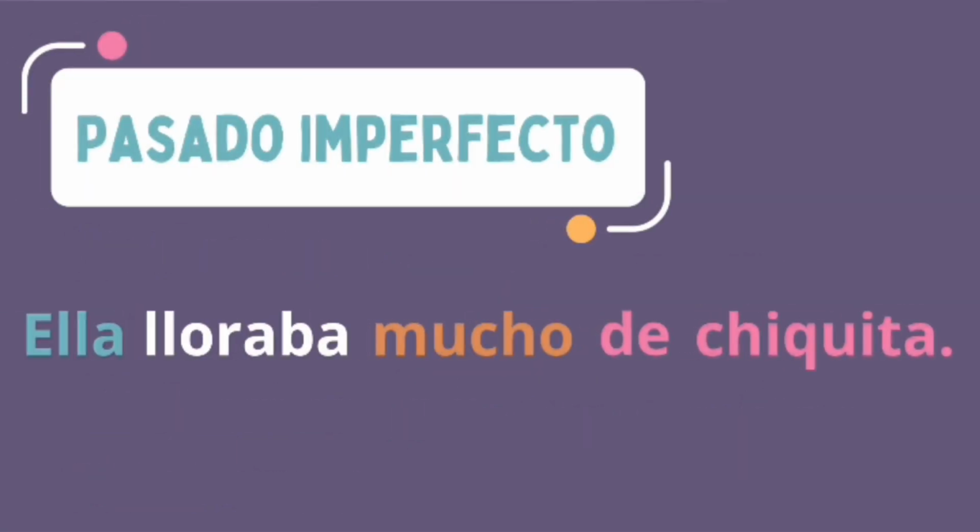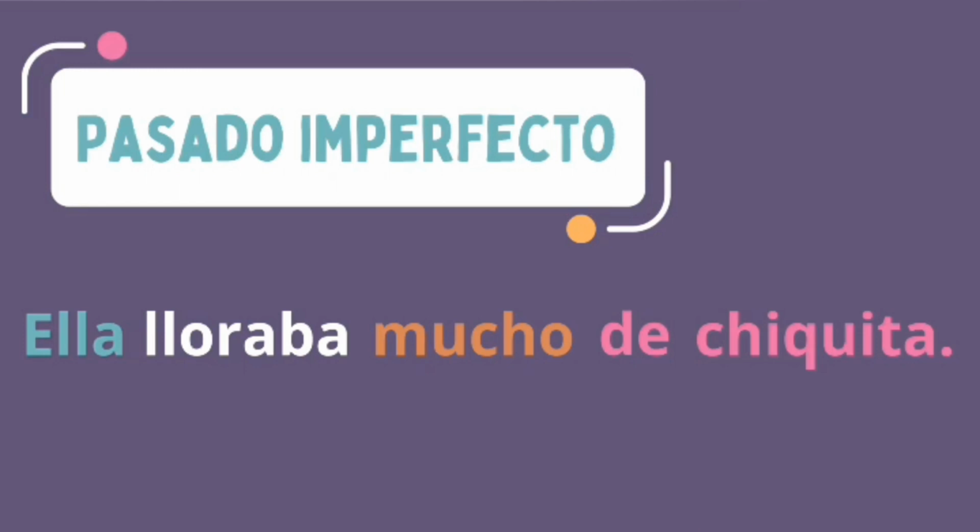And here we have some sentences. She cried a lot when she was little, okay? Again, you are having that phrase when she was little, when she was young, when you have all those types of phrases, then that means you gotta use the imperfect past, okay?